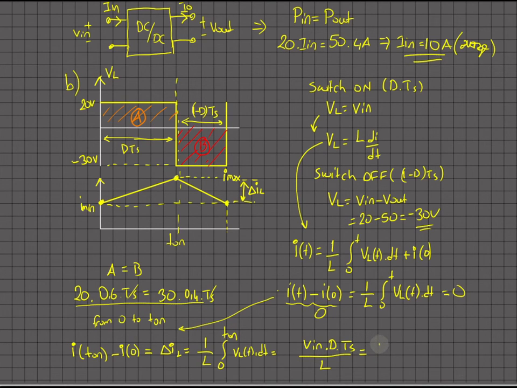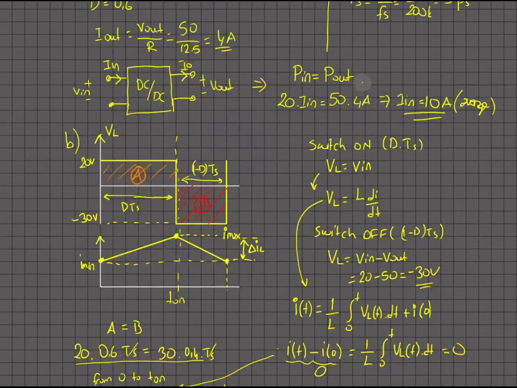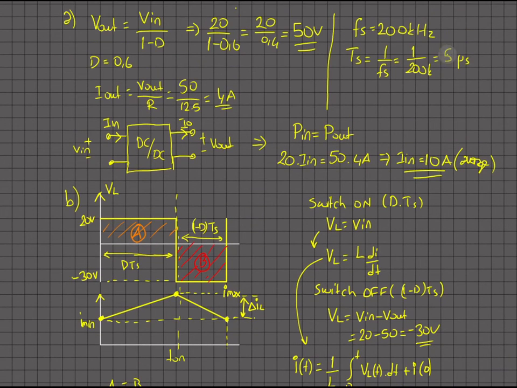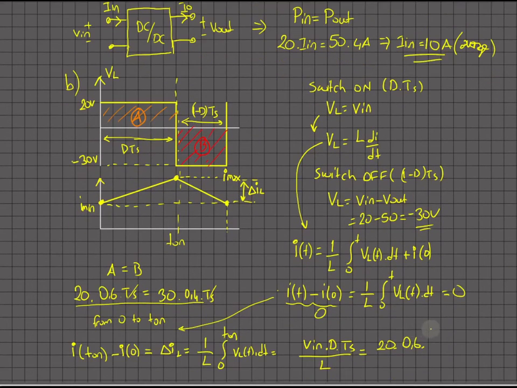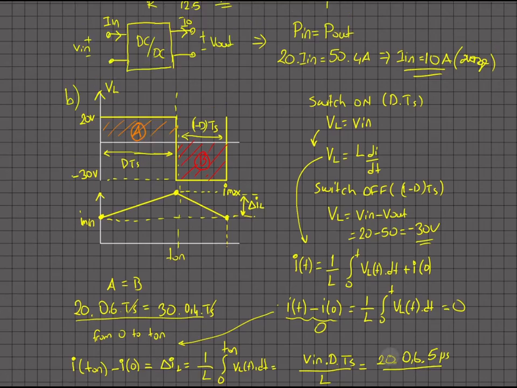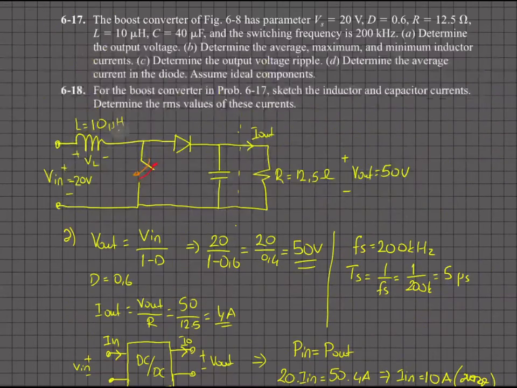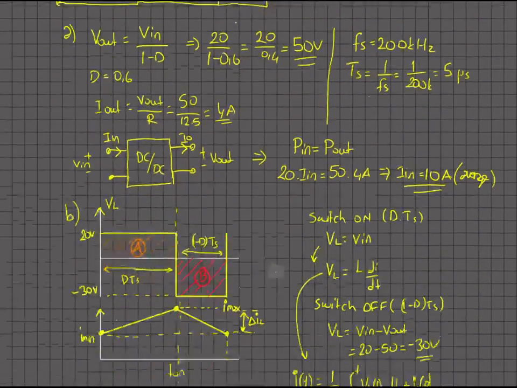So input is 20 volts, our duty cycle is 0.6, and our Ts was 5 microseconds, and L was given in the question, it was 10 microhenry, right?